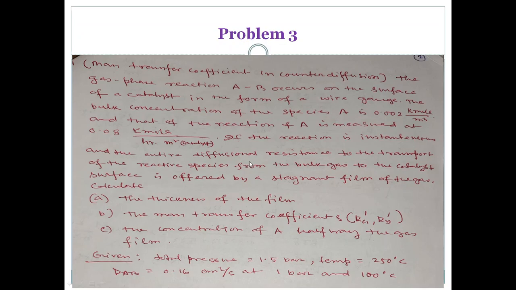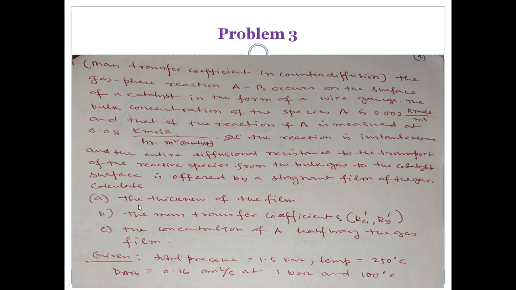And the diffusional resistance to the transport of the reactive species from the bulk to the catalyst surface is offered by a stagnant film of the gas. So one film is there.